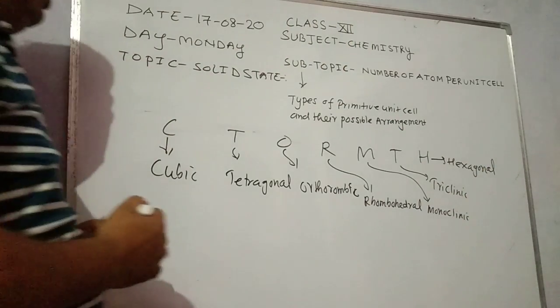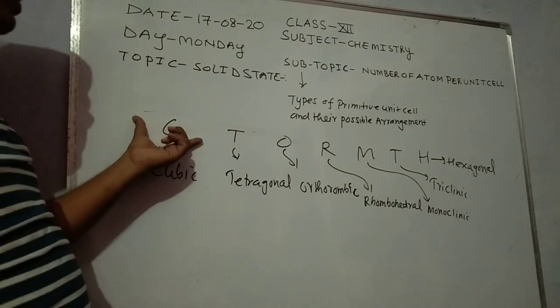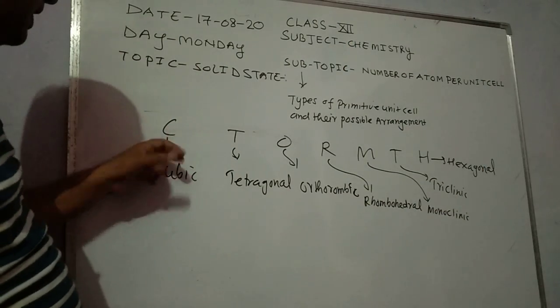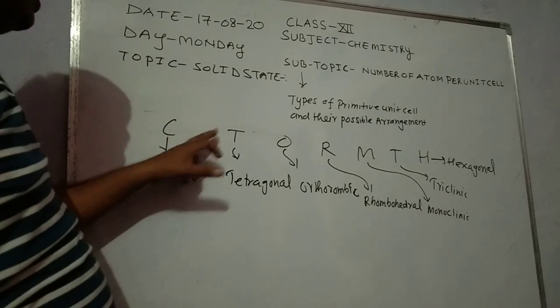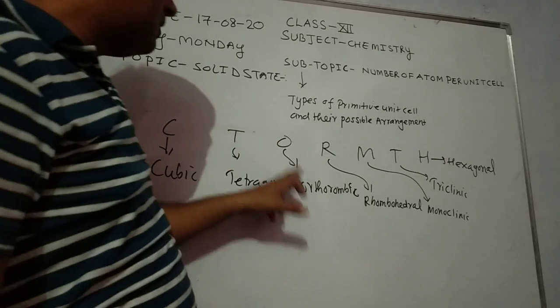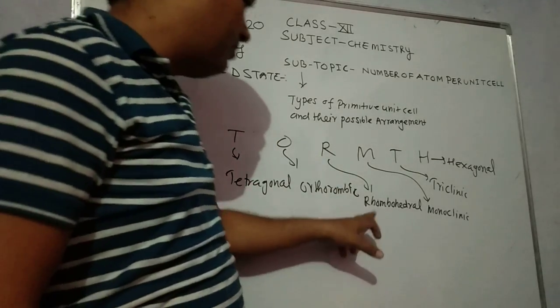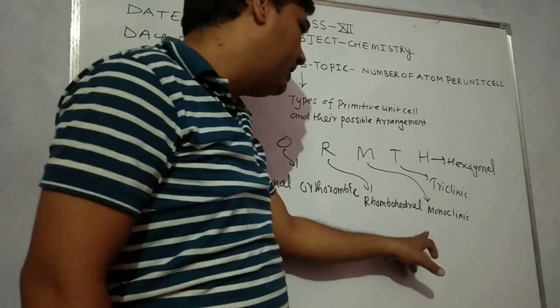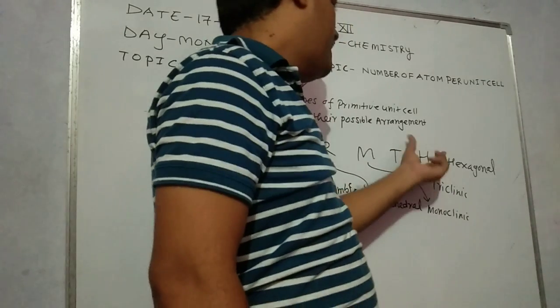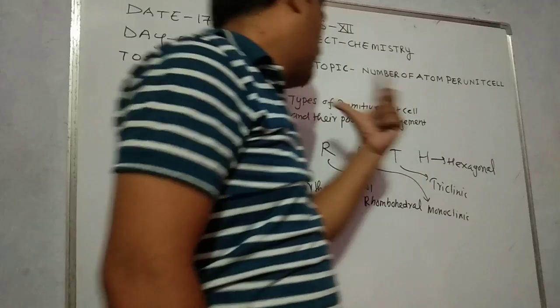Okay, so there are 7 types of primitive unit cell and their possible arrangements are: C means cubic, T means tetragonal, O means orthorhombic, R means rhombohedral, M means monoclinic, T means triclinic, and H means hexagonal.